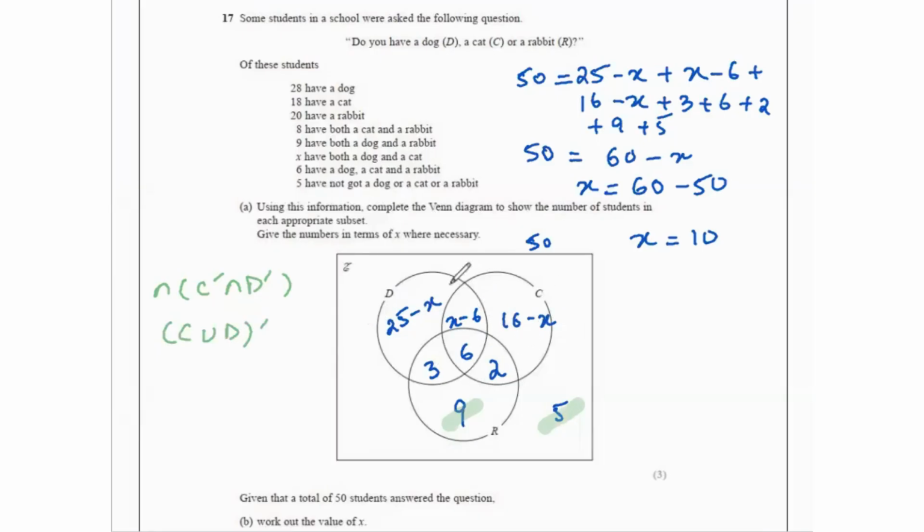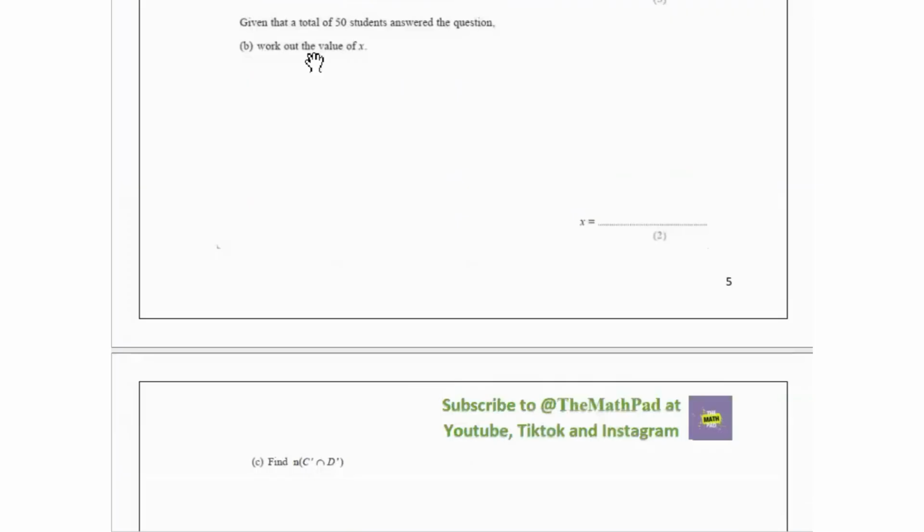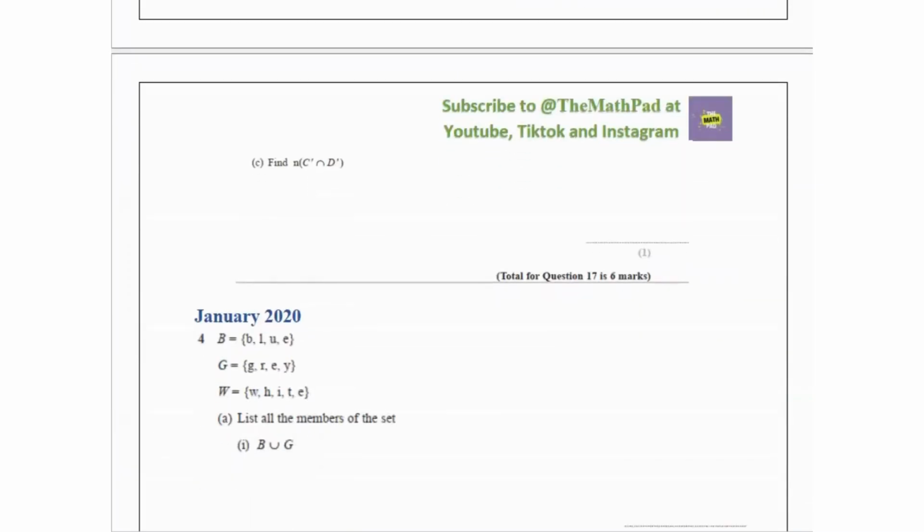So everything that's outside of C and D, that's what they're asking for. So that's 9 plus 5. So that's going to be 14. That is your answer.